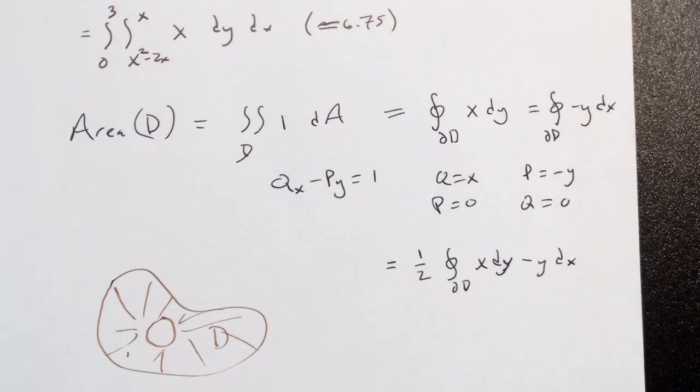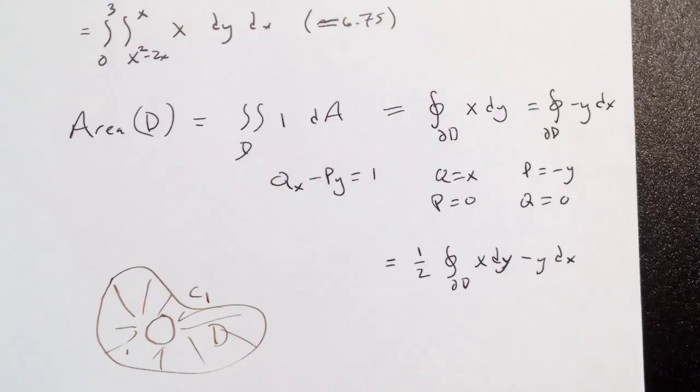I have this outside piece, curve 1, and I have this inside piece, curve 2. But if I want to put a positive orientation on these curves, I walk around C2.